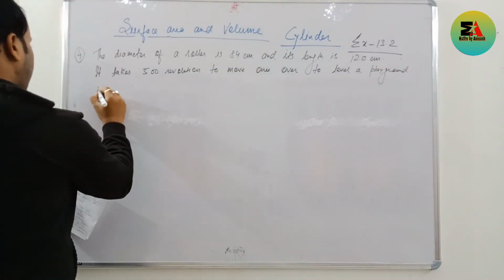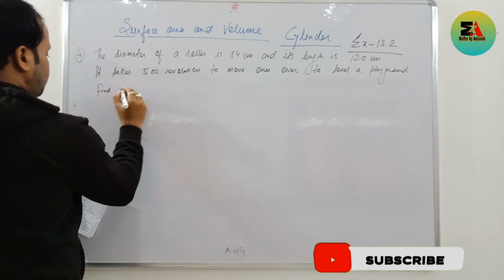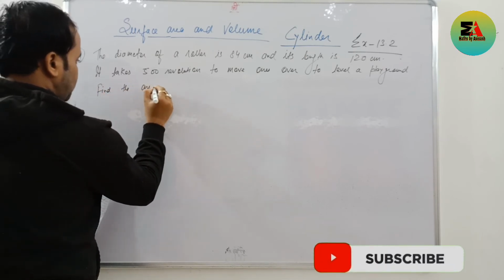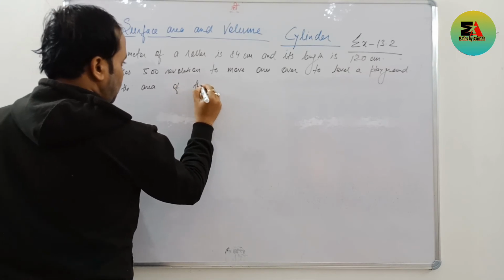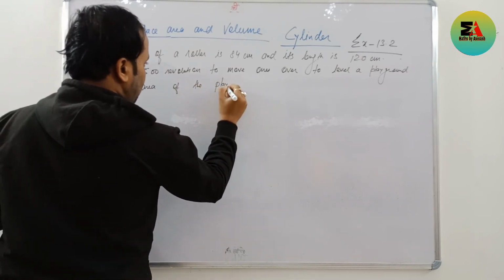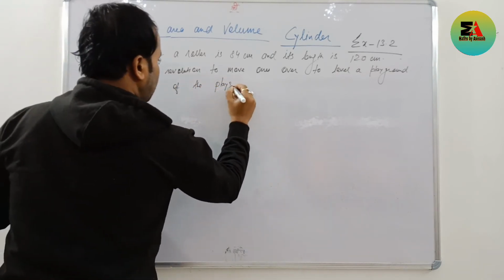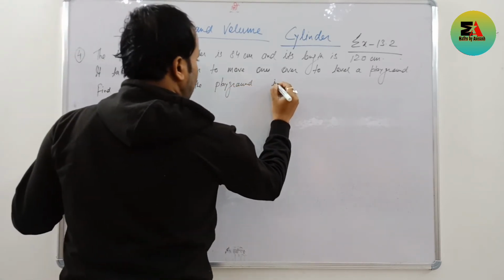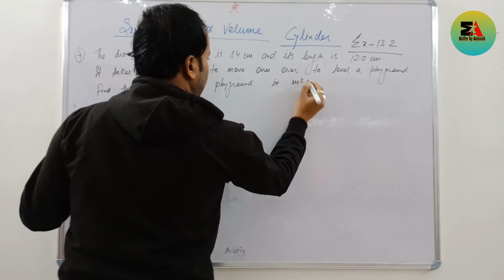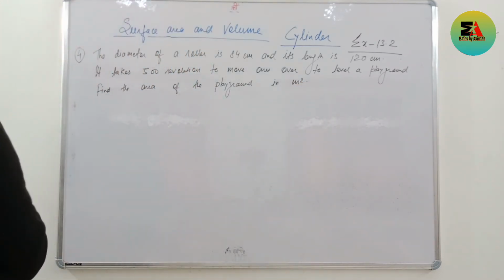Find the area of the playground in meter square. This is the question.